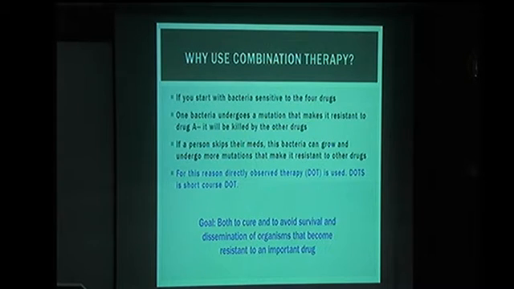A nurse or a healthcare worker will come to your house and watch you take the pill to make sure that you take the pills. Otherwise, people will start to feel better and don't want to take the pills anymore, because the pill is a bother and some of them might make you feel a bit ill, but you aren't cured yet. So a nurse will come and watch you take your pill.